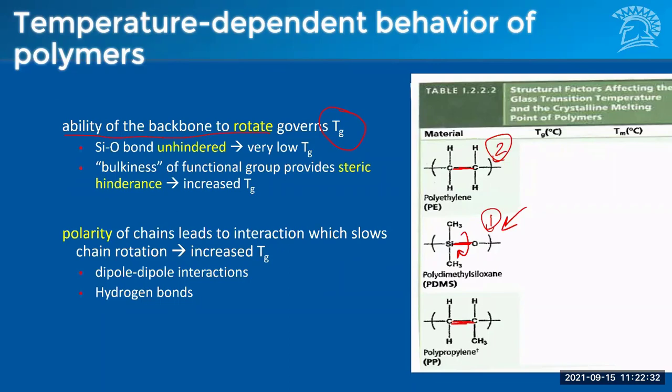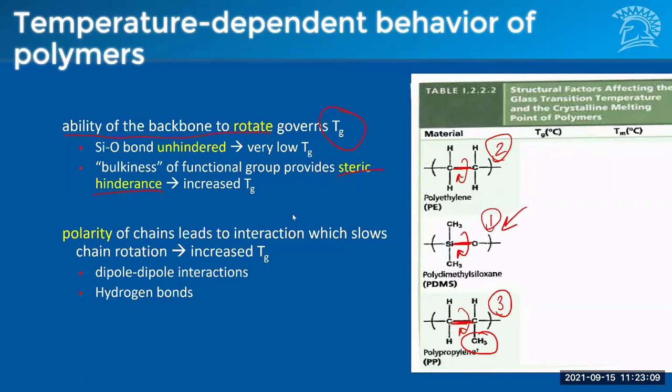So this is sort of minimal hindrance to rotation around this bond. The highest glass transition temperature of these three monomers would be polypropylene because of the presence of this guy right here. This methyl group is a relatively bulky group compared to having just a hydrogen there. And so rotation around this bond is going to be a little bit more difficult because of this bulky guy hanging out here. If you remember the concept from organic chemistry, or even from regular chemistry, of steric hindrance, that's what we're talking about here.